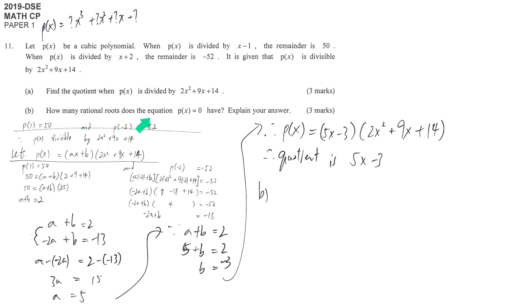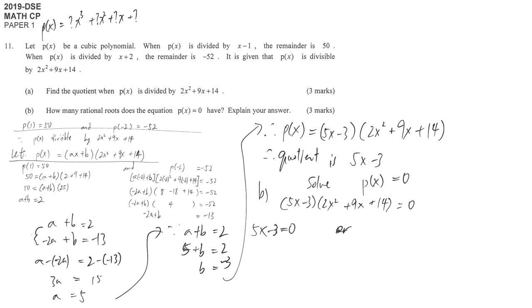After that, how many rational roots does the equation P(x) equals 0 have? So we should write down to solve P(x) equal to 0. Of course, we prefer the factor format, which is ready to use. So 5x minus 3 is equal to 0.